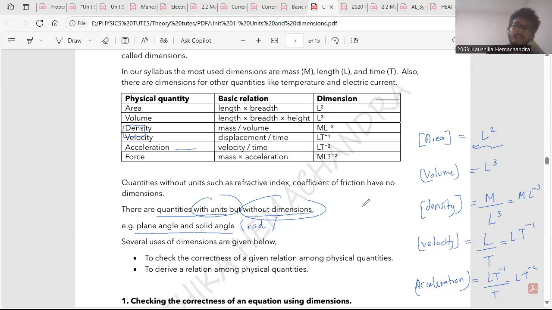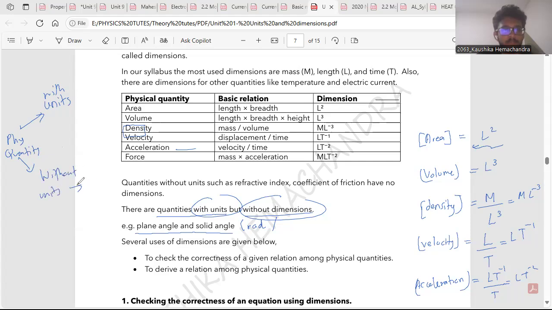All other kinds of relative values, relative humidity, relative density, all those have no units and no dimensions. So if there are no units, there will be no dimensions, but certain quantities which have units also won't have dimensions. So physical quantities can be divided as with units and without units, right?